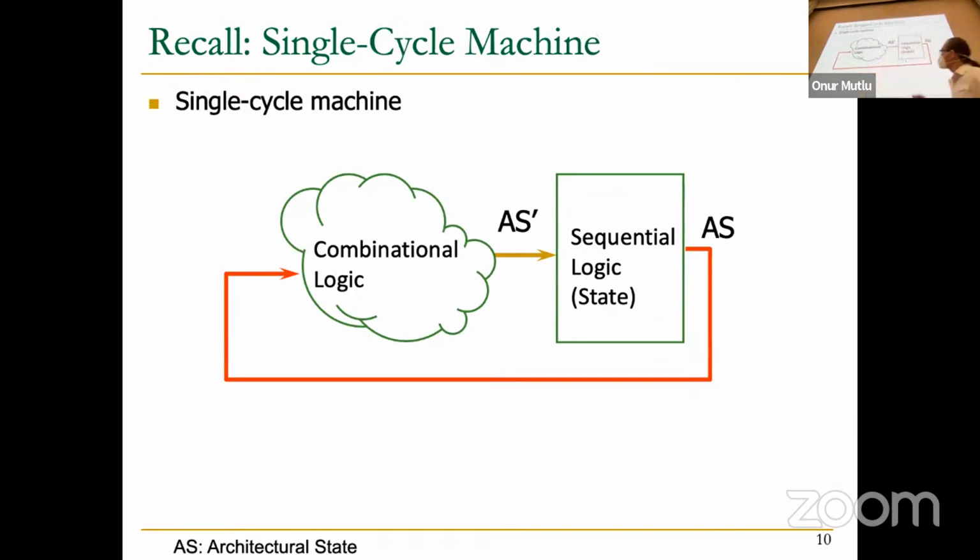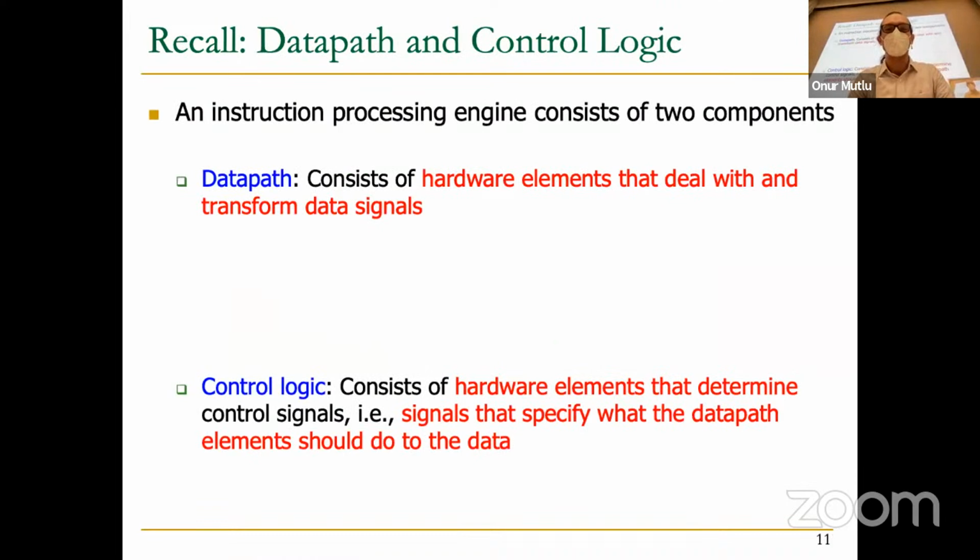A single cycle machine, combinational logic, sequential logic. It's a finite state machine. And we're going to implement each instruction over here, each instruction that we care about. And remember, I also made a distinction between data path and control signals in multiple lectures. Data path consists of the hardware elements that deal with and transform the data signals.